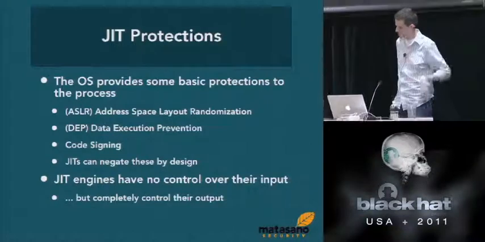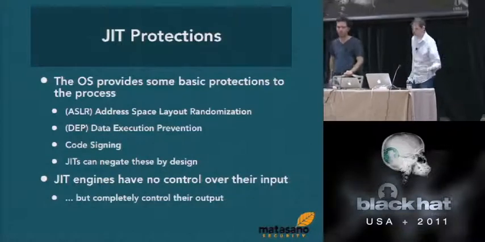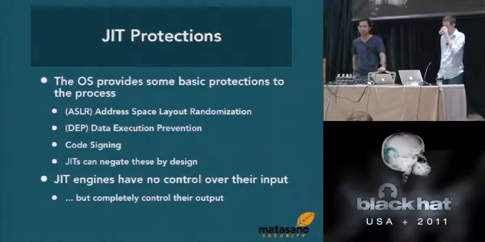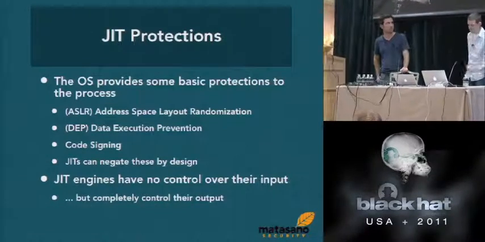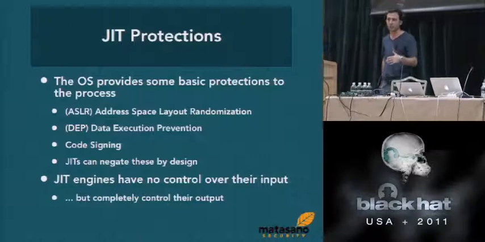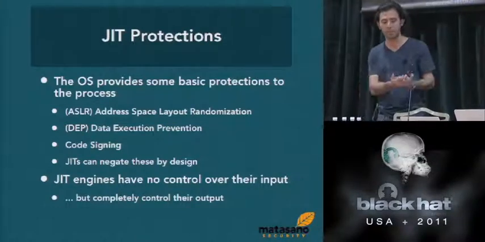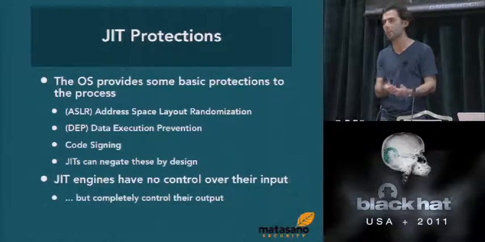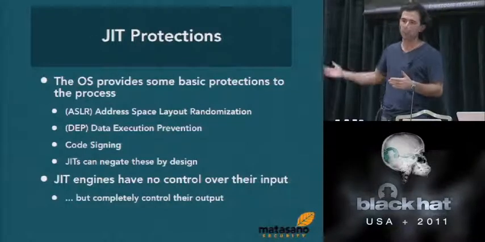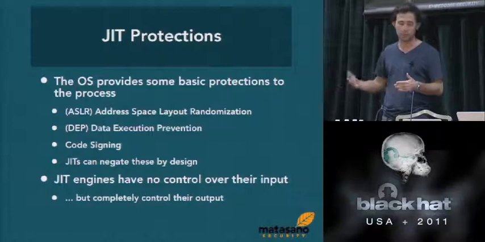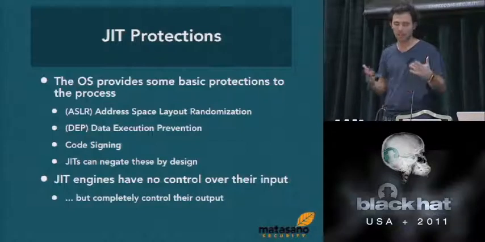Code signing is a feature of some modern operating systems. iOS and iDevices are a prime example, which verifies that all code that is allowed to run in the system is verified by some party as trusted, and that we can execute this. So if you were to inject your own code, the signing will fail, and the OS will refuse to run it. JITs negate that by design.